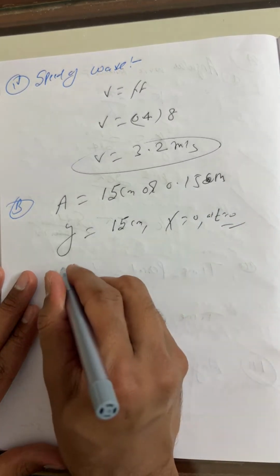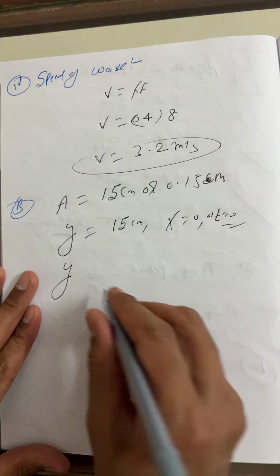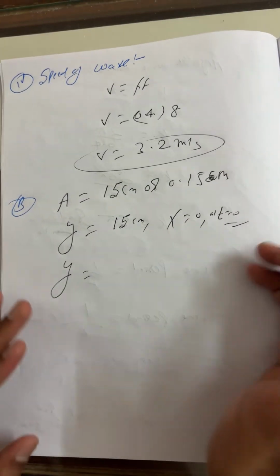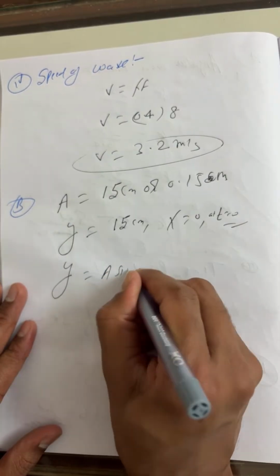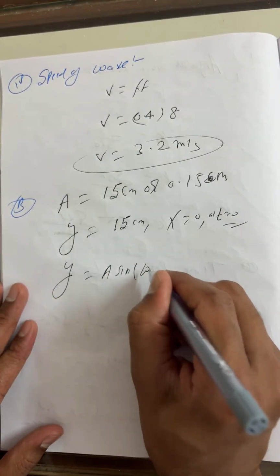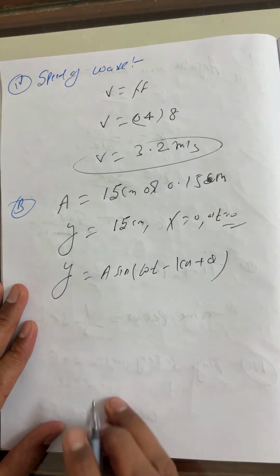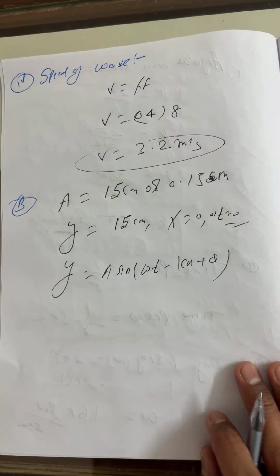I hope all of you remember the general equation of a traveling wave, which means particle motion along the positive x-axis. This is y is equal to a sine of omega t minus kx plus phi.